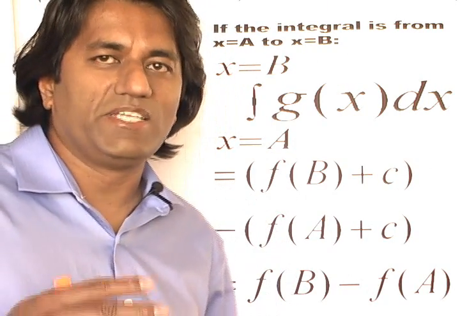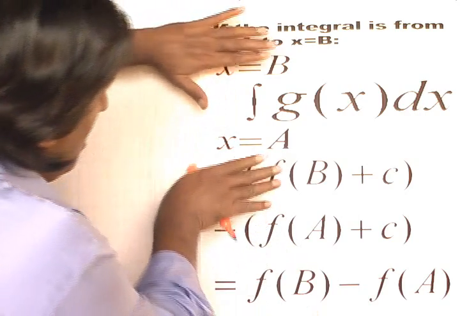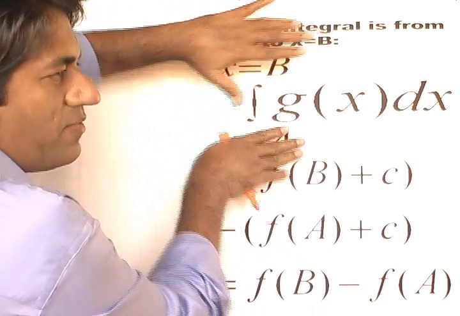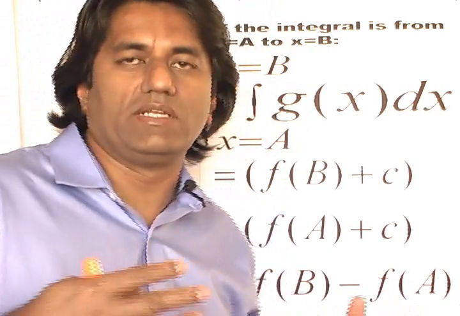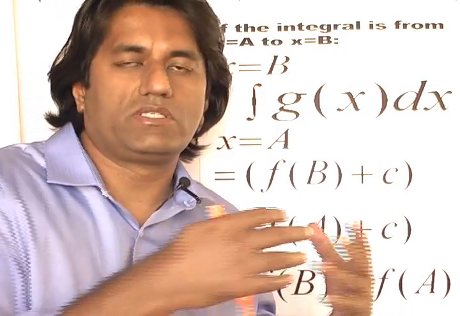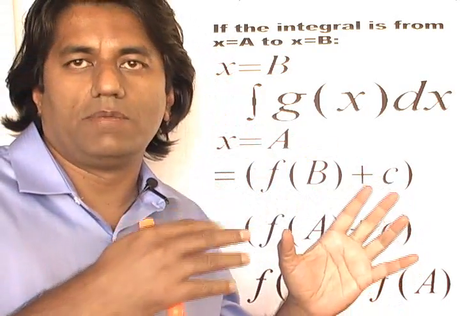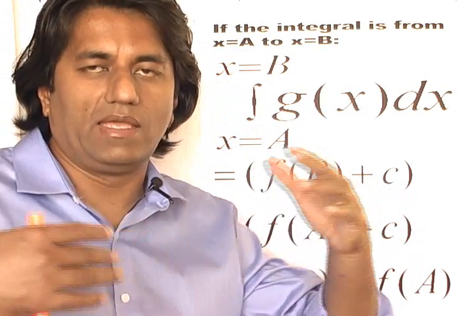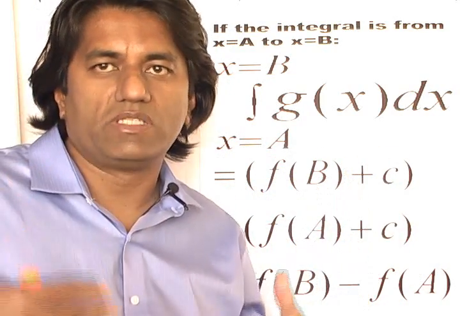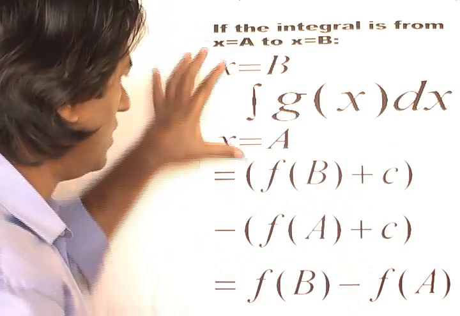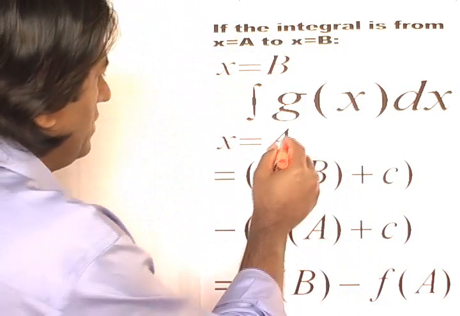An integral which is written without the limits is an indefinite integral. You're just talking about integrating a particular function without saying between what points it is being integrated. A definite integral has limits.